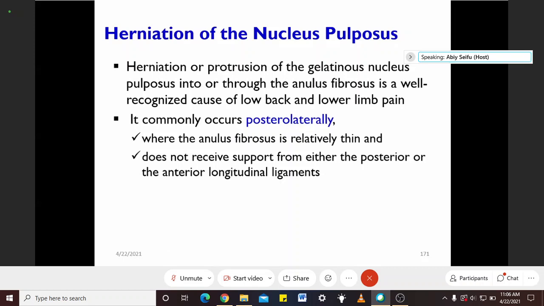So this is the weak area where most of the time the nucleus pulposus is herniated.